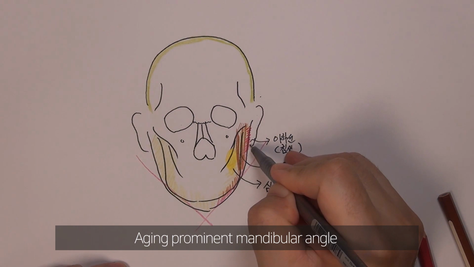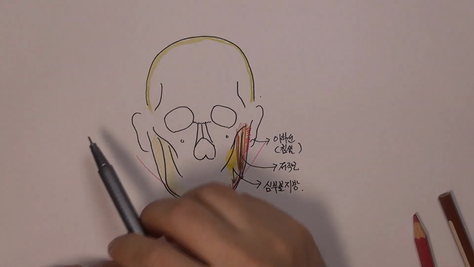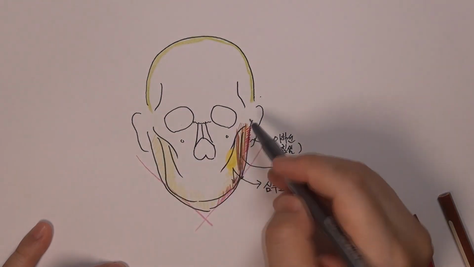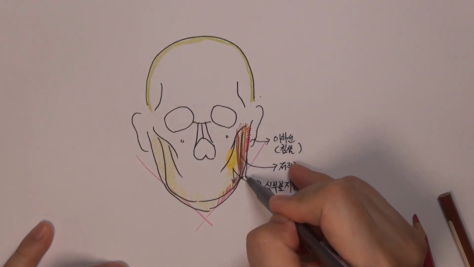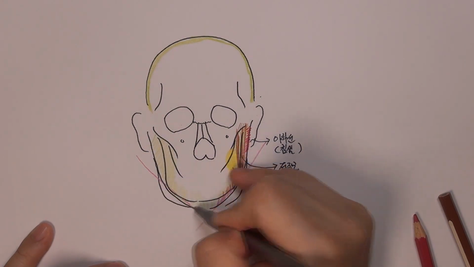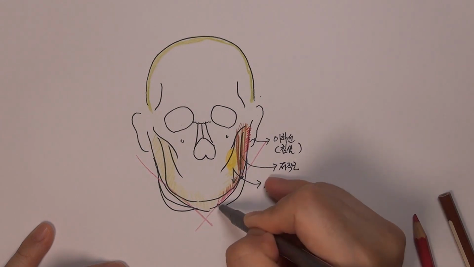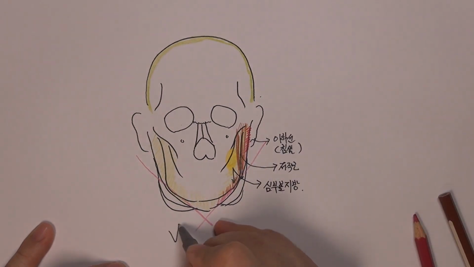However, with age, since most of the tissue is located slightly posterior and outside of the face, gradual aging sagging progresses mainly in the lateral side.